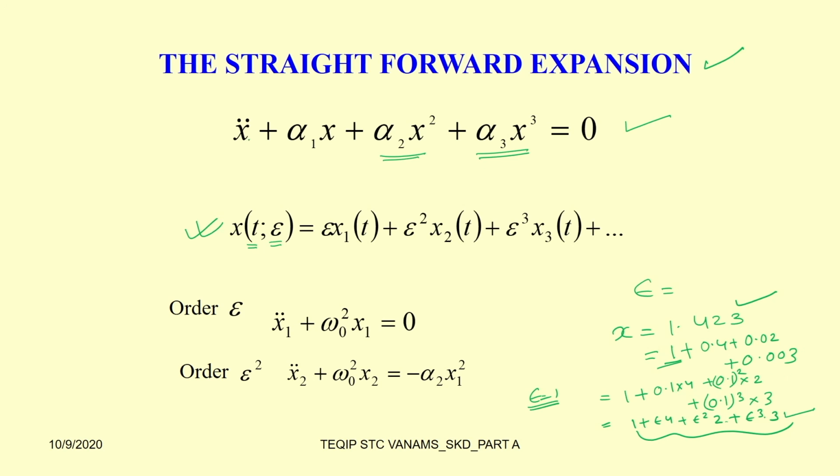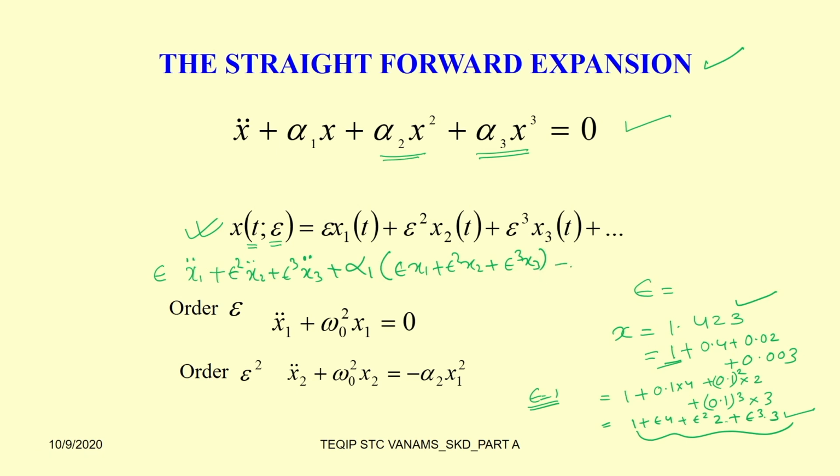So, now substituting this equation in this original equation, this can be written as epsilon into x 1 double dot plus epsilon square into x 2 double dot plus epsilon cube into x 3 double dot plus alpha 1 into epsilon x 1 plus epsilon square x 2 plus epsilon cube x 3.